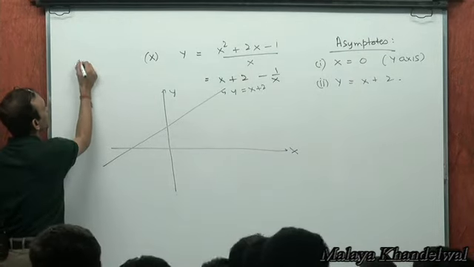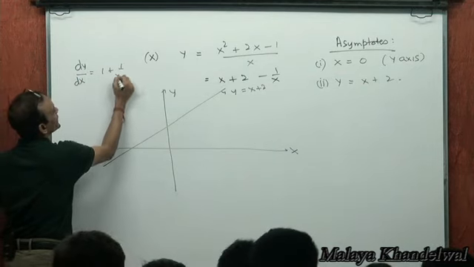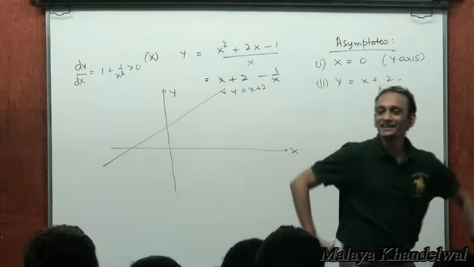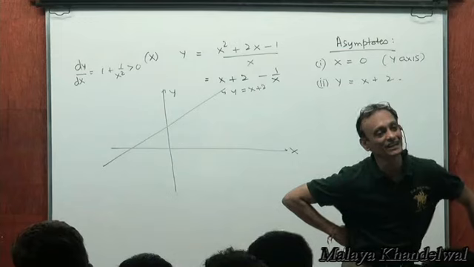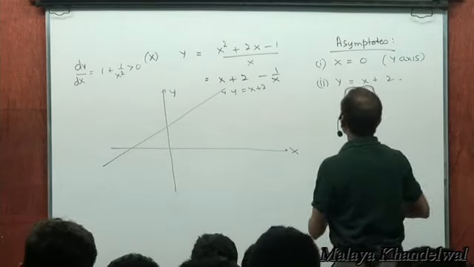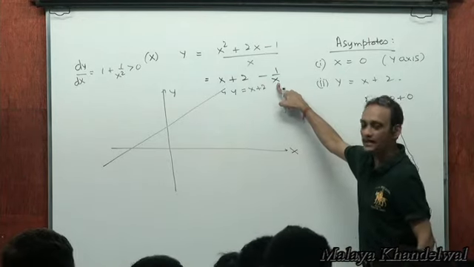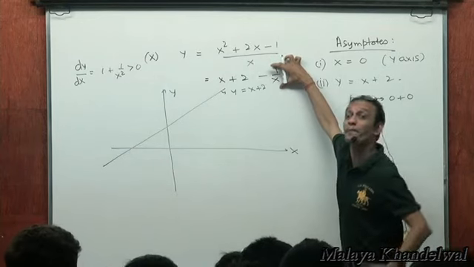What is dy dx? 1 plus 1 by x squared, which is positive for all x. That means the function, wherever defined, is only increasing. And as x tends to 0 from the greater than 0 side, this minus 1 by x will tend to minus infinity.